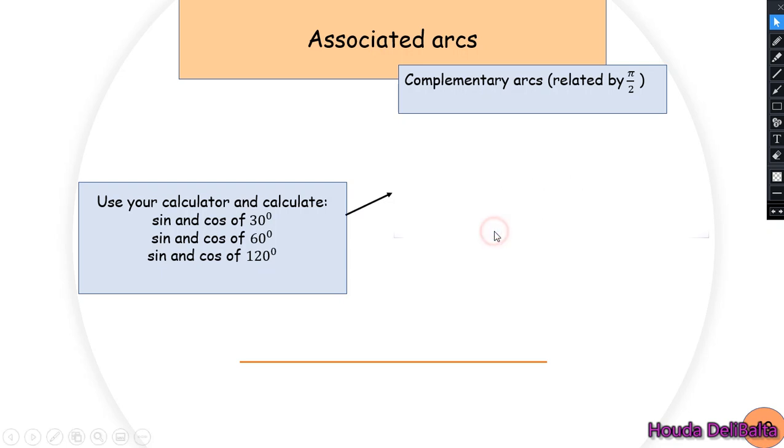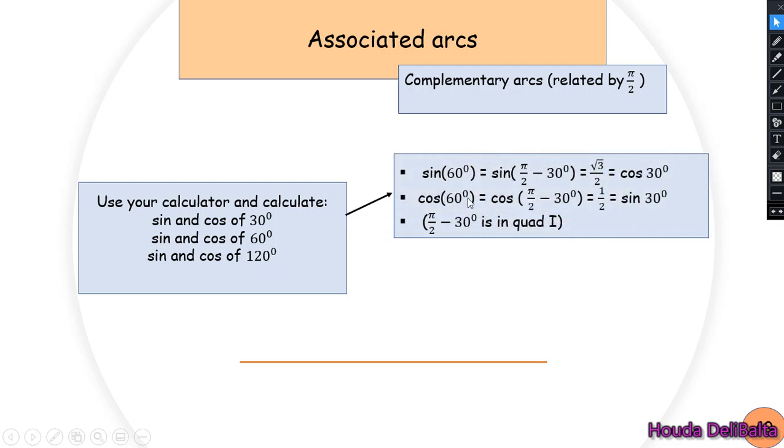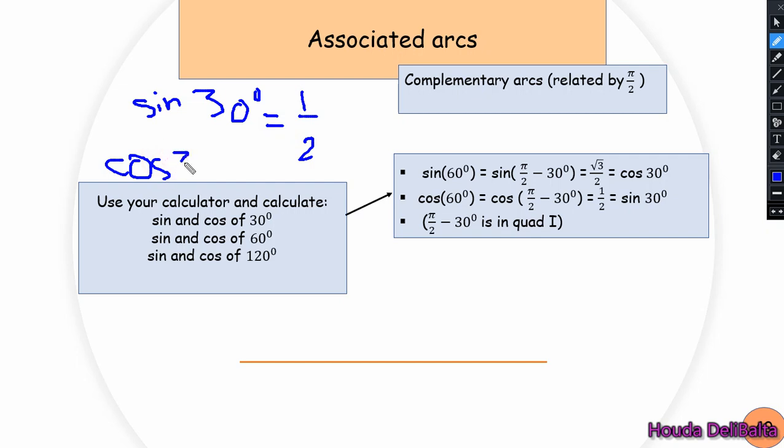Okay, let's see what we get. Sine of 30 is half, and cosine of 30 is radical 3 over 2.